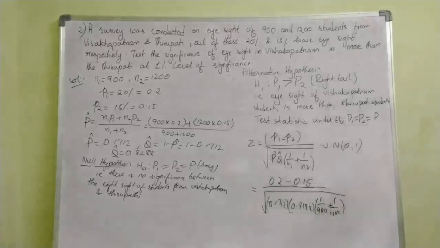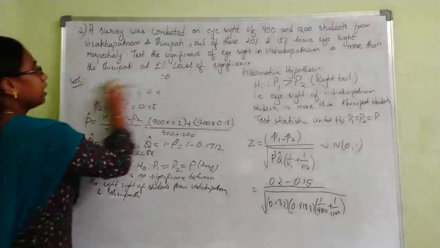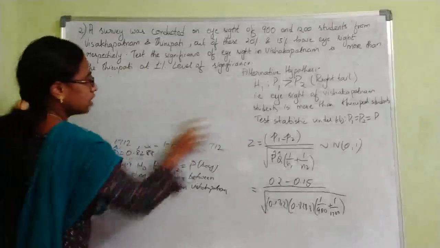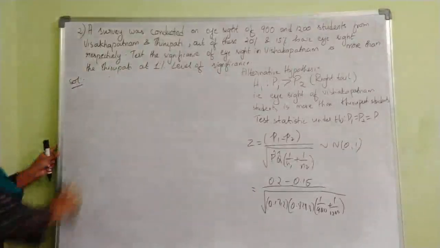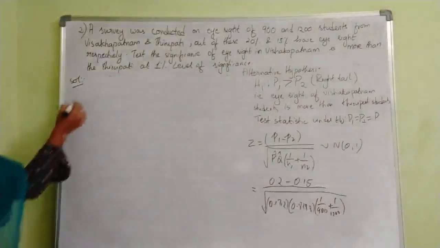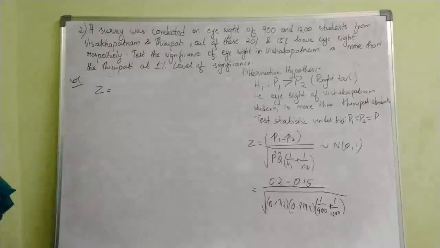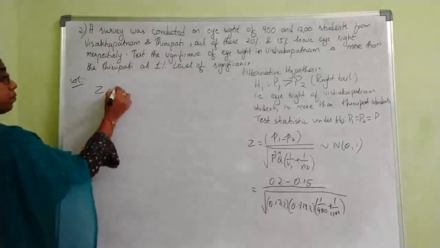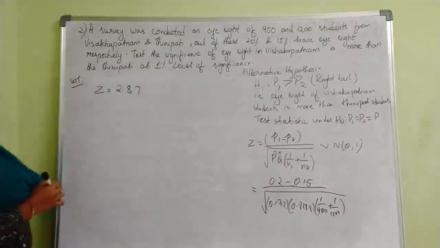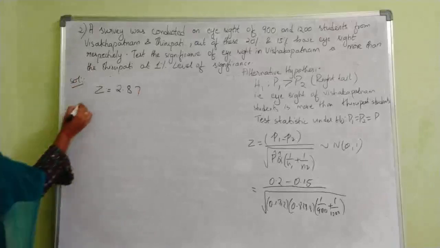So solve this one. By solving this, we are going to get the required mod Z calculated value. So Z equals, we get the calculated value as 2.87. So this is the calculated value, that is 2.87.